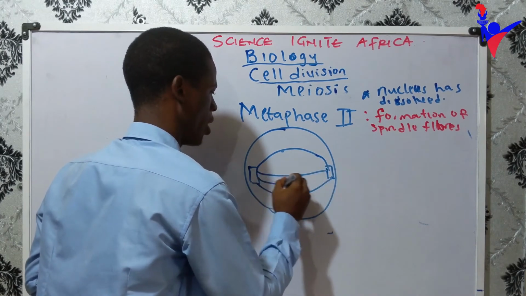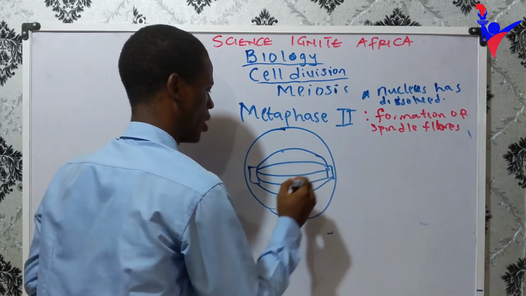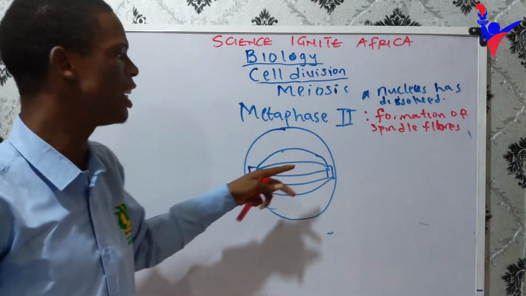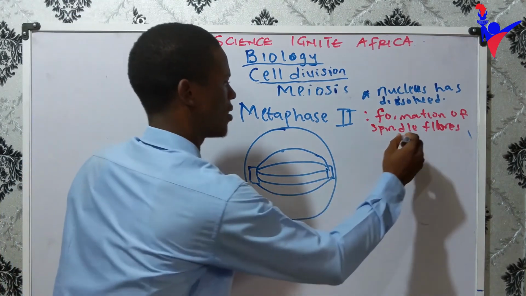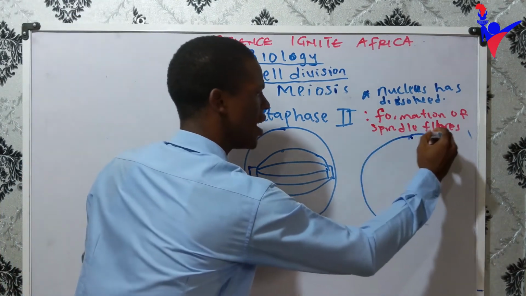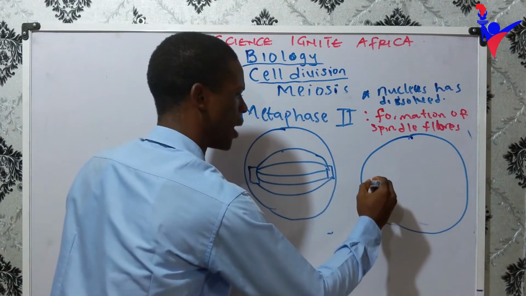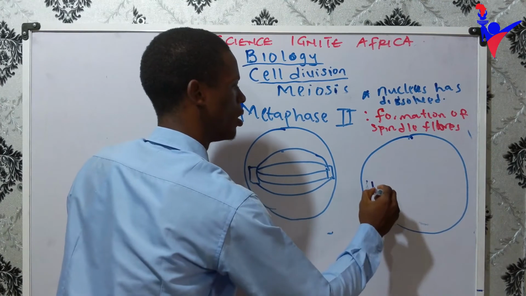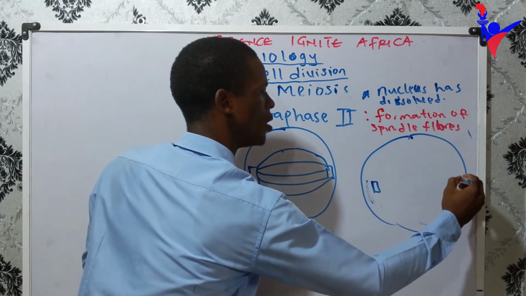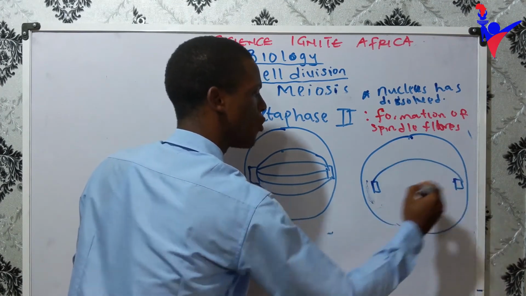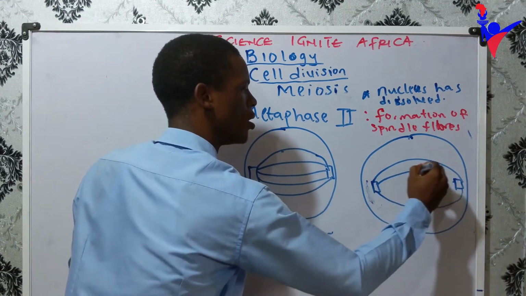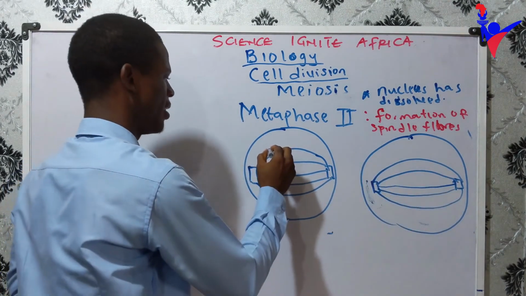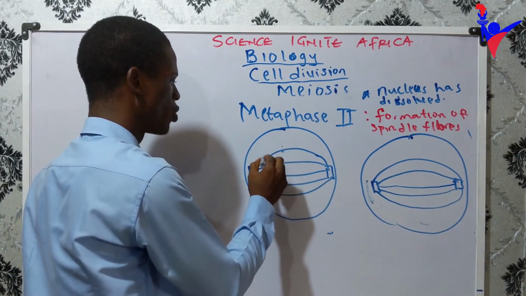You can see the chromosomes in each daughter cell. The second daughter cell is here. The chromosomes in each daughter cell start to separate. So this is the spindle fiber for the second cell also. So you can see, let's just say we have the chromosome.